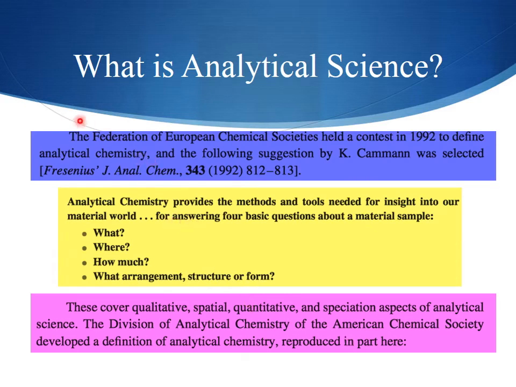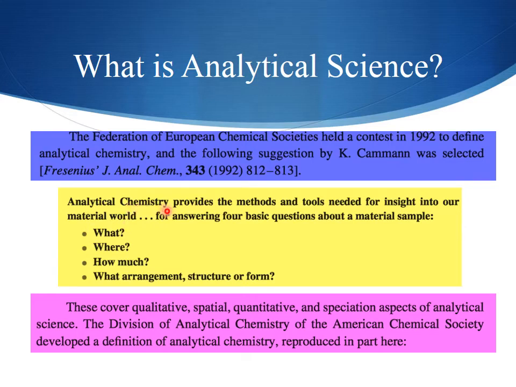So what is analytical science? The Federation of European Chemical Societies held a contest in 1992 to define analytical chemistry, and the following suggestion by K. Kamen was selected. Analytical chemistry provides the methods and tools needed for insight into our material world.